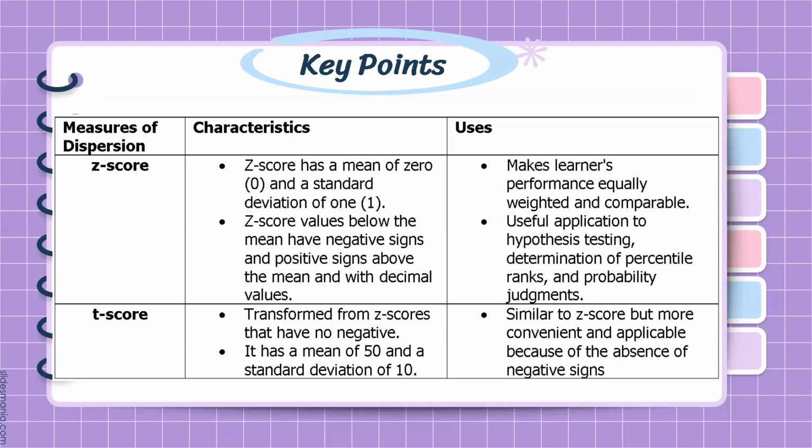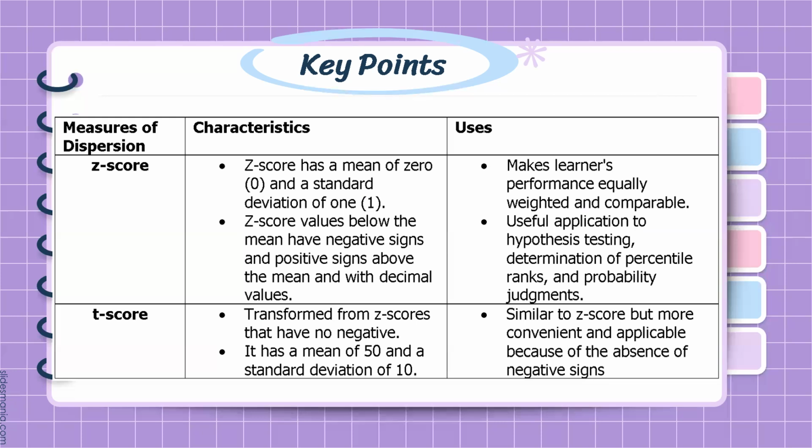For uses, z-score makes learners' performance equally weighted and comparable, just like the example that we just solved. It is also useful for application to hypothesis testing, determination of percentile ranks, and probability judgments.